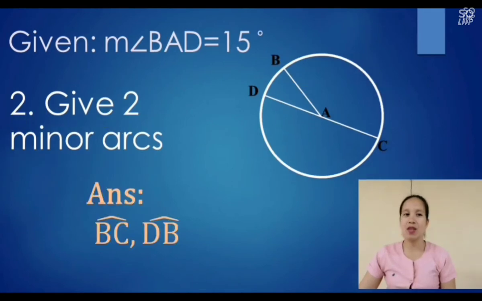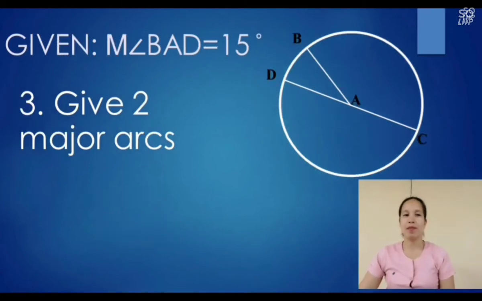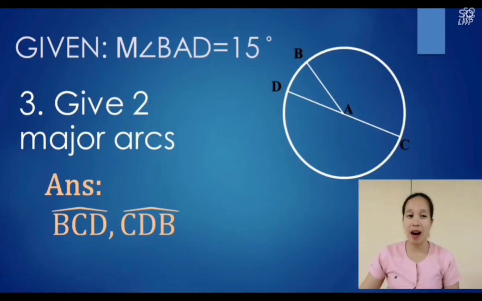You're right. Our 2 minor arcs are arc BC and arc DB. Number 3. Give 2 major arcs. Correct. Our 2 major arcs are arc BCD and arc CDB.